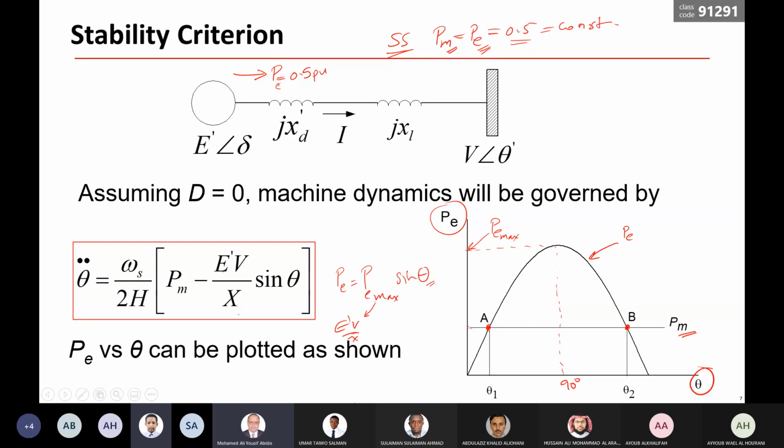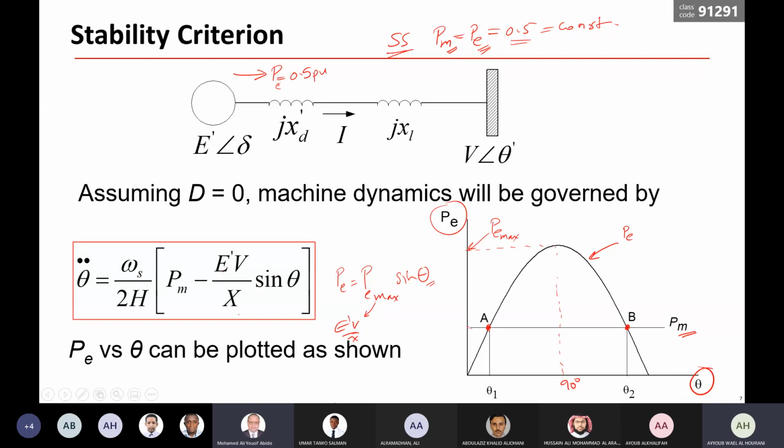Let's take it one by one. Ramadan Ali: Yes, doctor. A is stable. A is stable. Okay. Ayub: A, doctor, is stable because B, you know, if it passes 90 degrees, it means it has passed the instability. Okay, so you want to say 90 degrees is the stability limit for the angle.